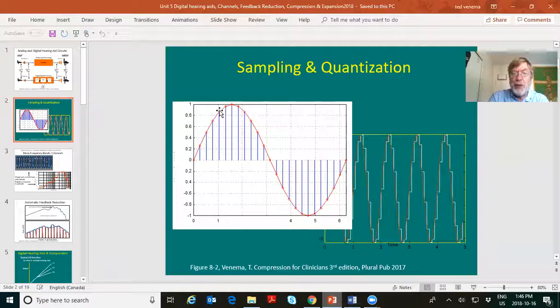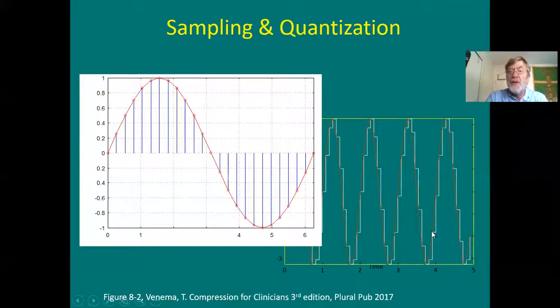This one's a little bit closer to 0.8. So boom, it'll get that assigned. These three will all be given a similar assignment of value. So your samples are assigned values. Now if you look at the right, and I'll blow this up to make it bigger, the red is your wave, and the white is your digital representation of that wave.